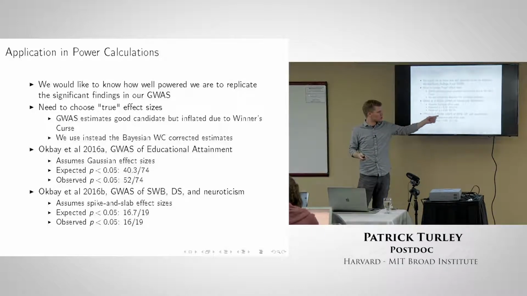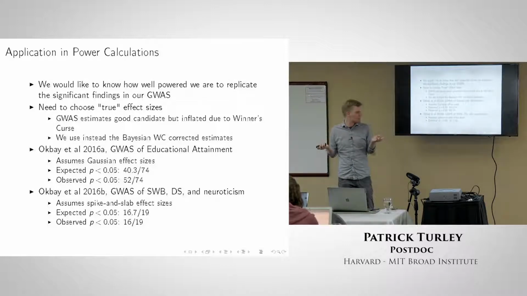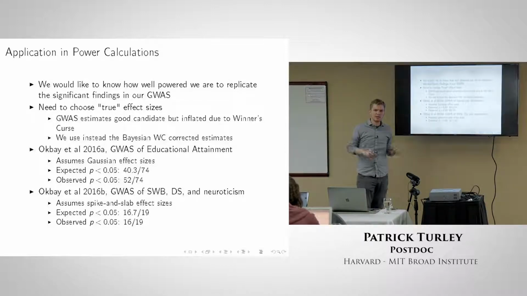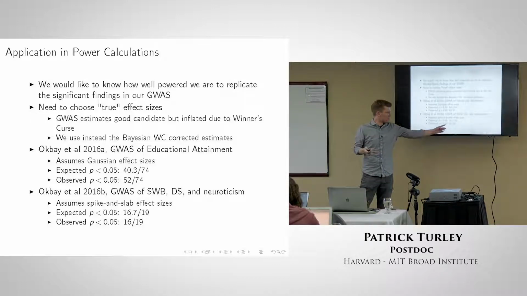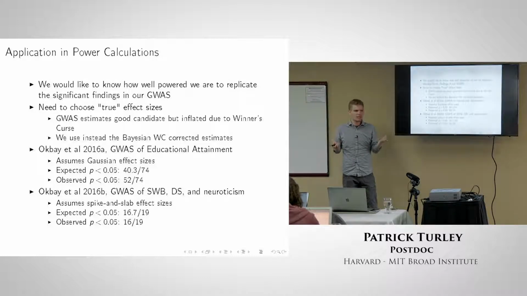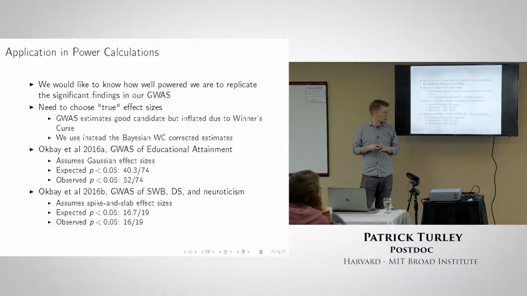For the GWAS of subjective well-being, we had 19 genome-wide significant hits. We passed it through our machinery to calculate power, and we expected about 16.7 of them to replicate at a p-value of 0.05. When we did our replication, we got 16 out of the 19. So it seemed to work pretty well here. In this case, we used a spike and slab prior.